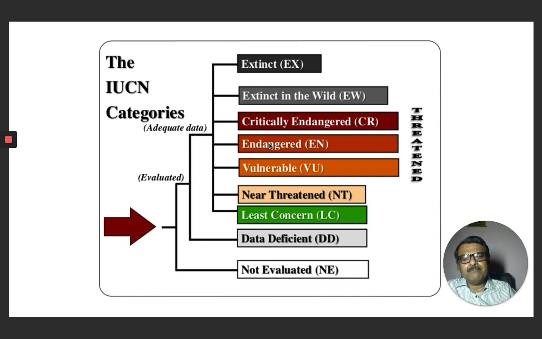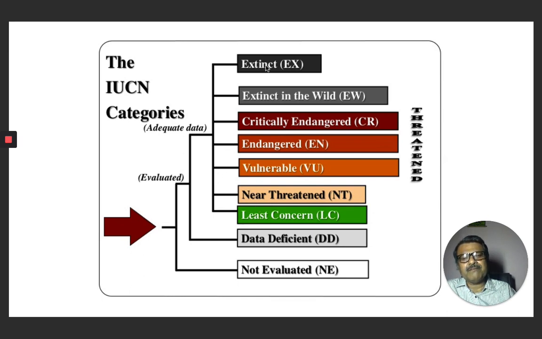The above 8 categories are evaluated on the basis of evaluated data, and the last group is not evaluated. Now all these 8 evaluated groups have been classified into 2 groups on the basis of data availability: adequate data and data deficient.